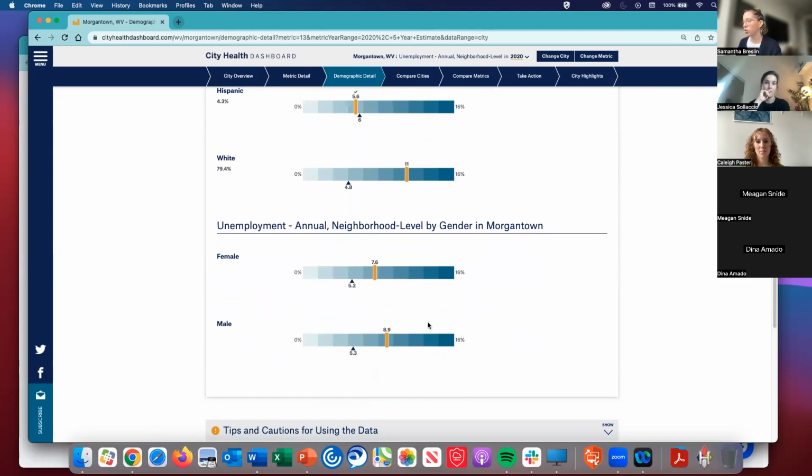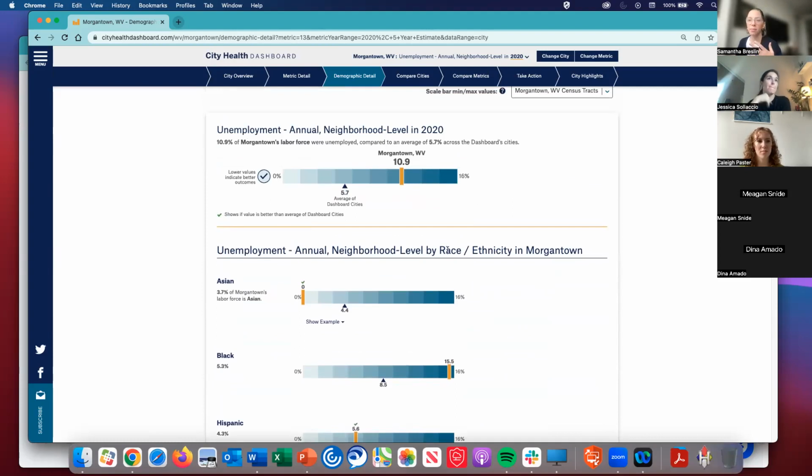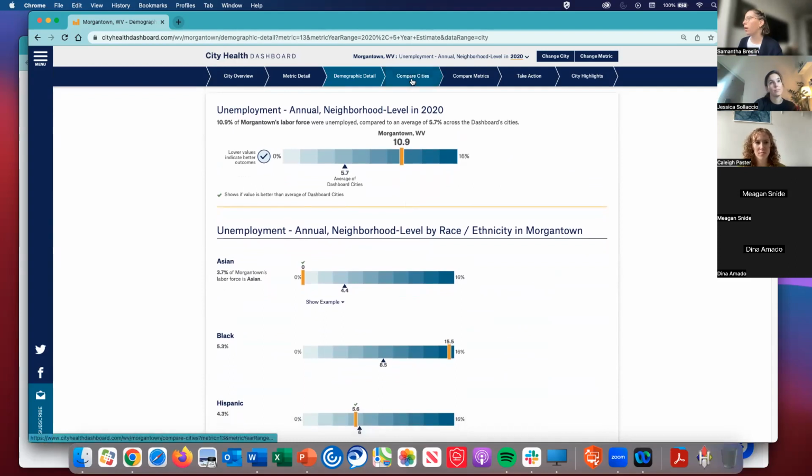So you can see males versus females and what is happening for those various groups. And where that demographic data exists, we will always provide it for our metrics. But if it doesn't exist because the data source doesn't provide it or doesn't collect it, we will not provide that data for those metrics.